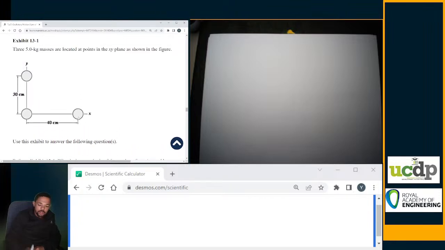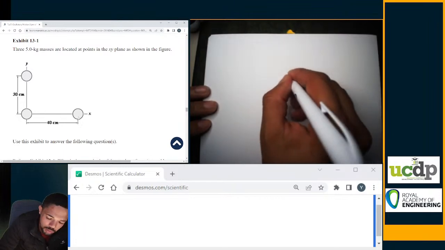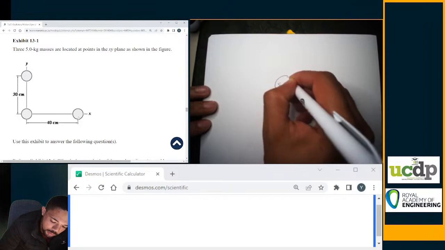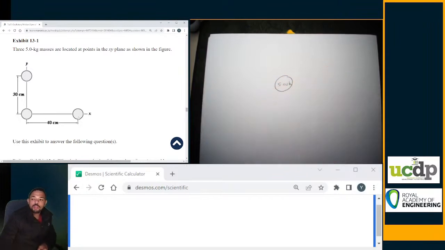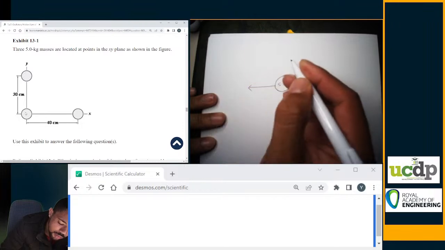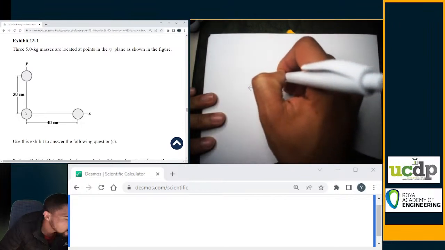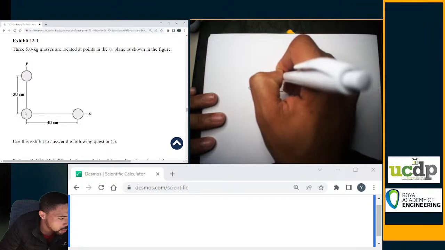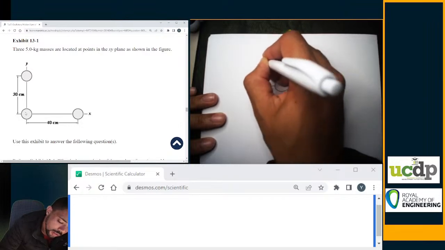Okay. Now these two masses. This is the mass that we want. This is a mass of interest. Yes, 5 kilograms. There's a mass of 5 kilograms. Now the force, the mass at the origin will pull it towards the left, while the mass on the y-axis at y 0.3 and x 0 will pull it in that direction.